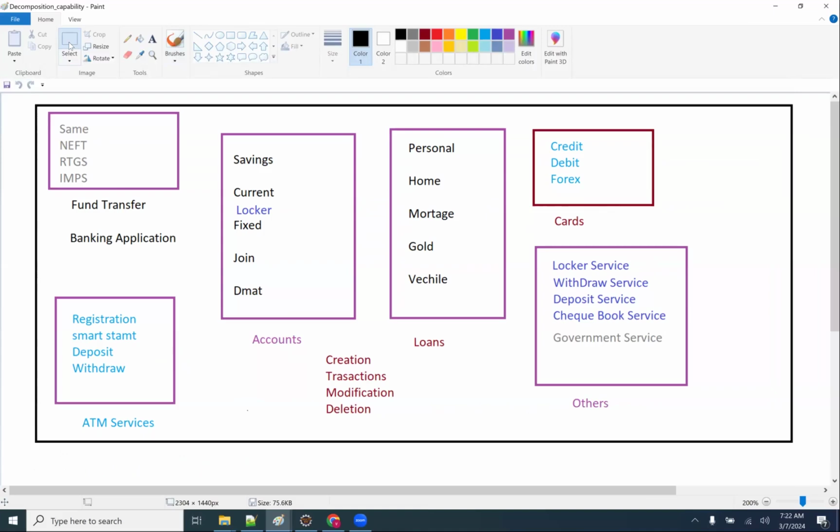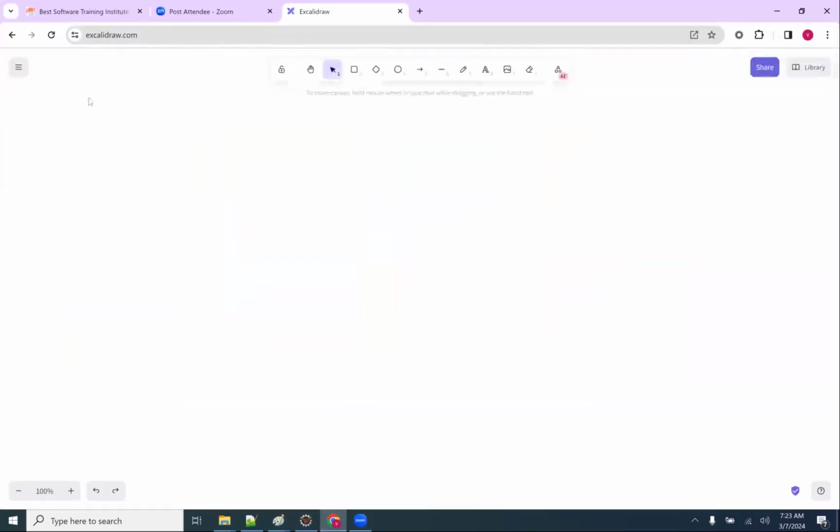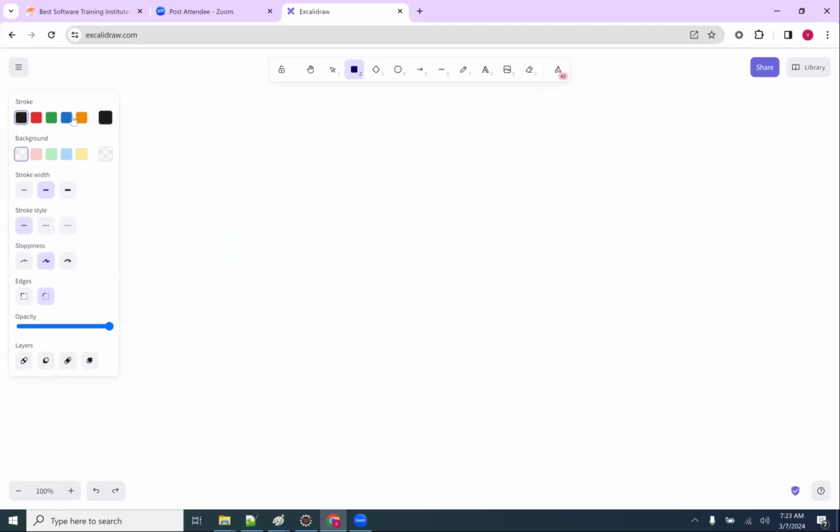Can someone tell me, for accounts, what software, hardware, implementation, revenue on this particular box? Can someone come up with a list, guys? Yes or no, guys?